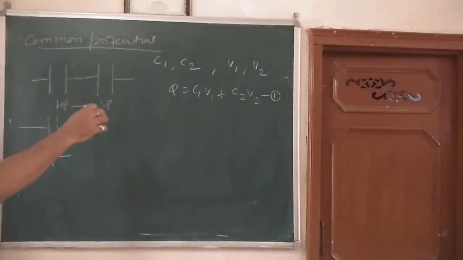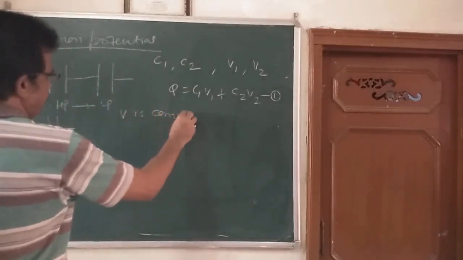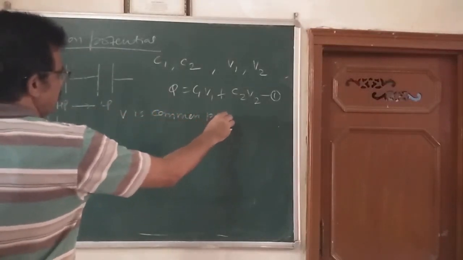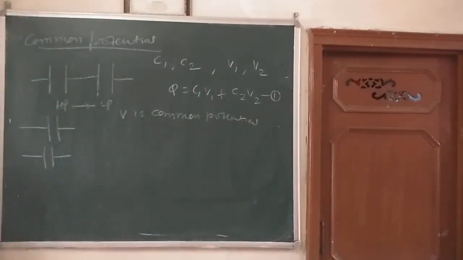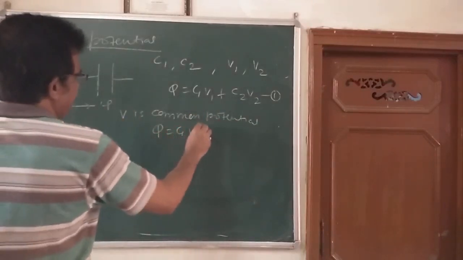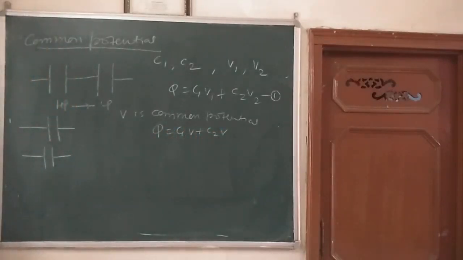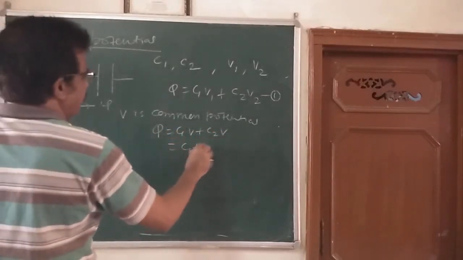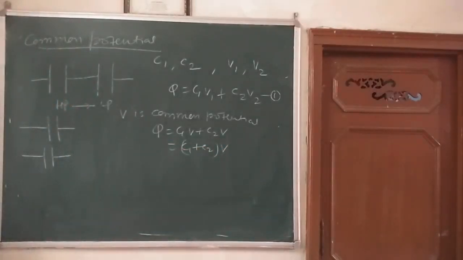Now, if V is the common potential on sharing charges, then the total charge after sharing would be C1V plus C2V. तो I can say बच्चों (C1 plus C2) into V. जैसा कि मैंने आपसे अभी कहा, there is no charge loss, charge is not lost here.